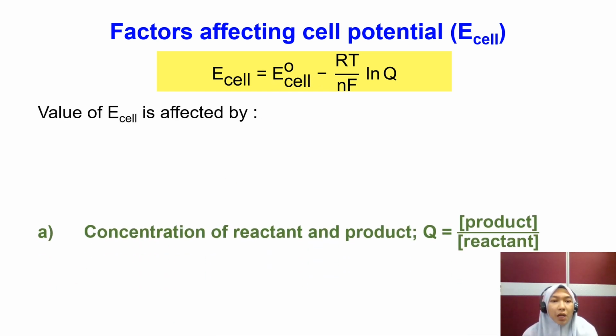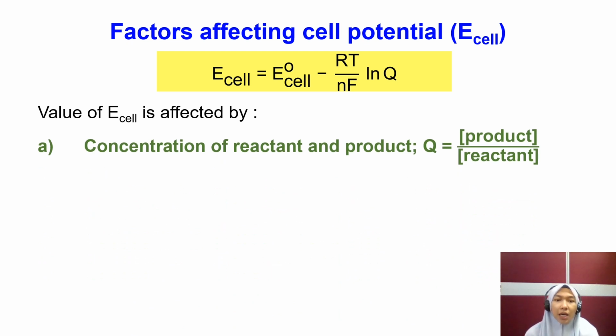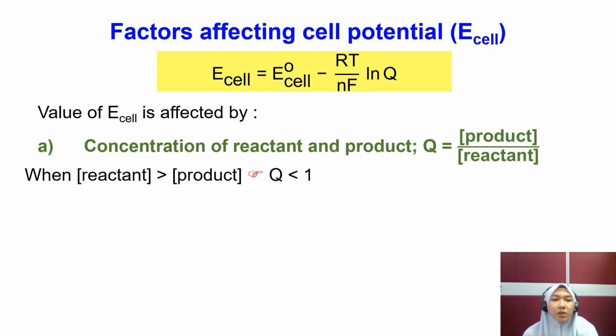So the value of E cell first depends on the concentration of reactant and product, which affects the value of Q. When the concentration of reactant is more than the concentration of product, Q is less than 1.